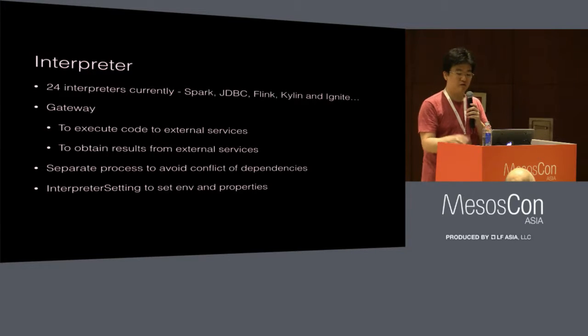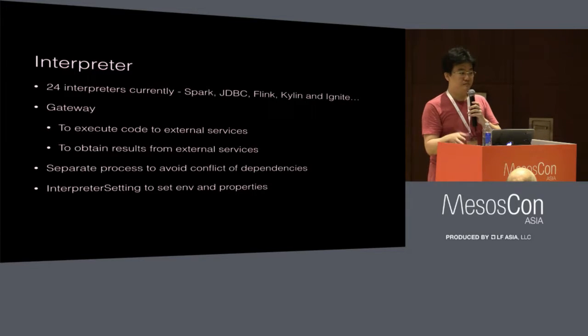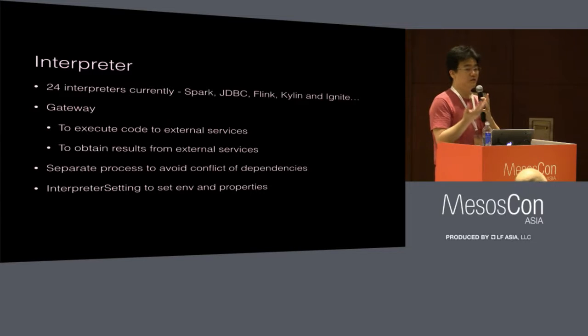For example, you can create two different kinds of Spark interpreters, a Spark 1.6 interpreter and a Spark 2.1 interpreter, within a single Zeppelin server instance. You can also create Python 2 and Python 3 interpreters at the same time, test your script in Python 2 or Python 3 simultaneously, and get the results back.